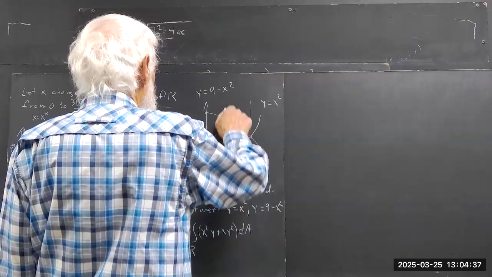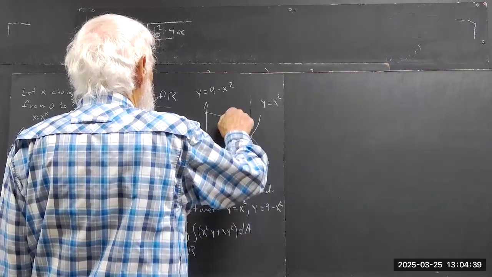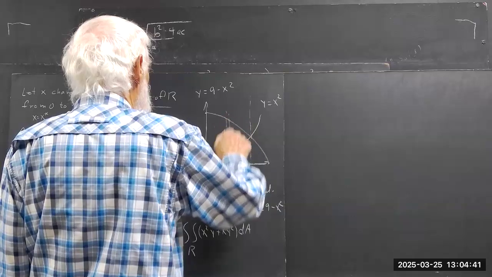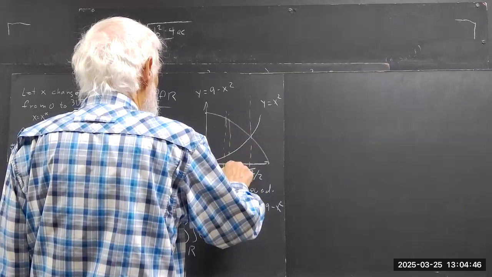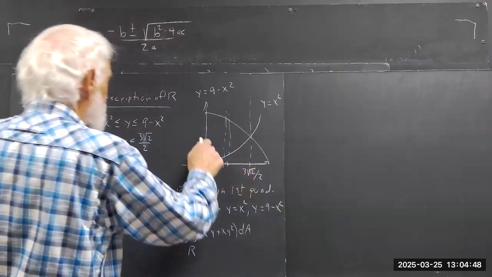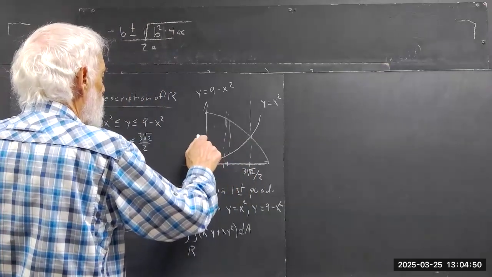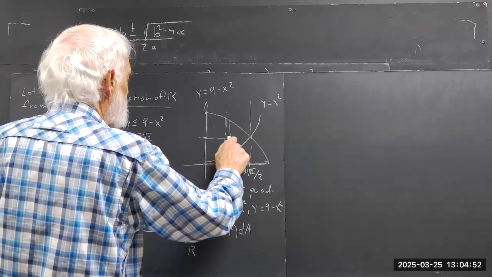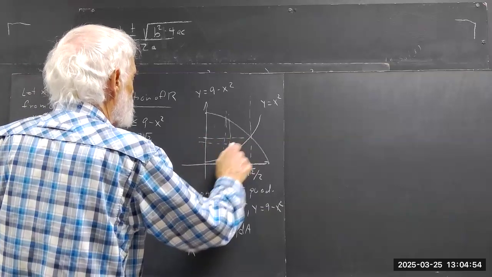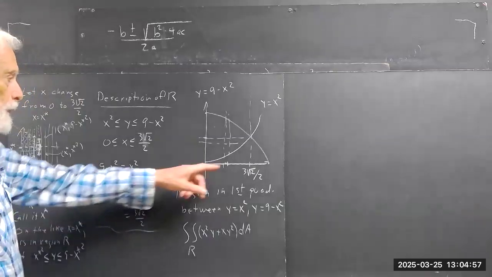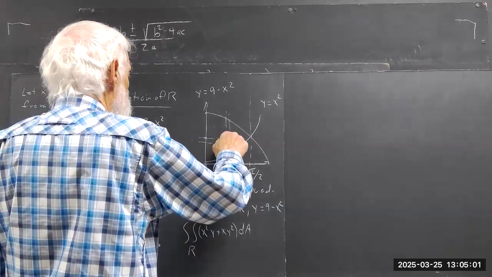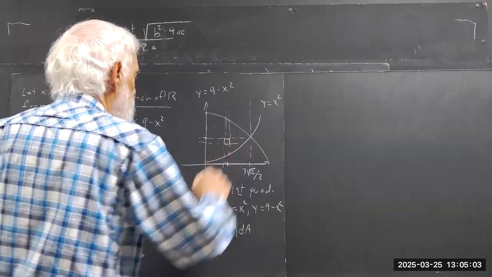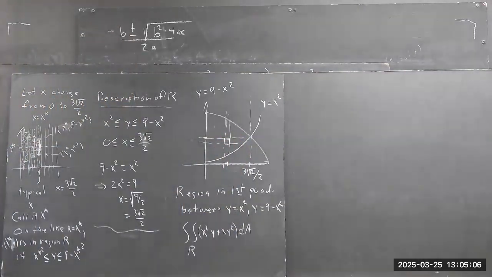So let's just say I've got some X increment, some Y increment. This is a small interval for the X axis, small interval for the Y axis. Those intervals meet in a little square.